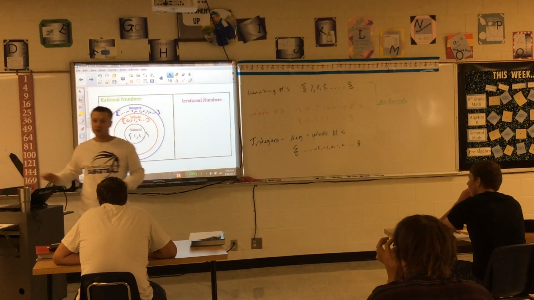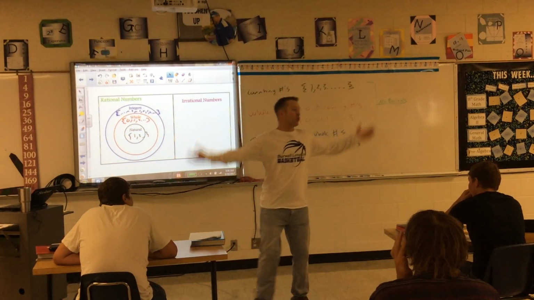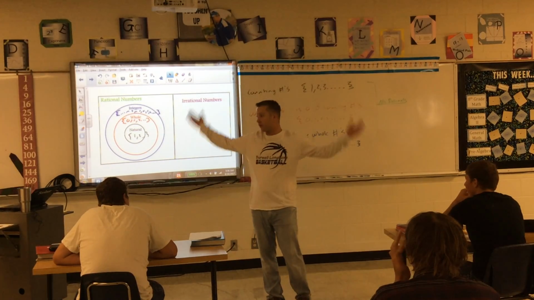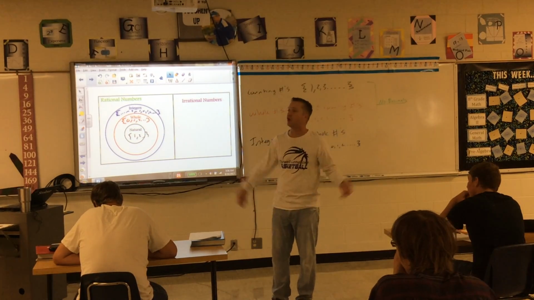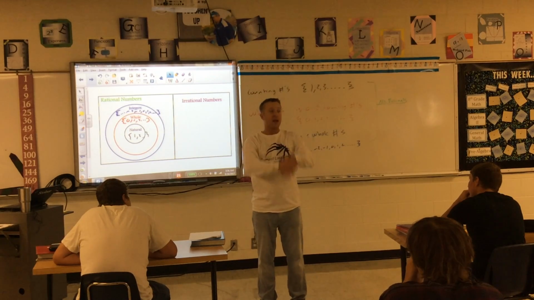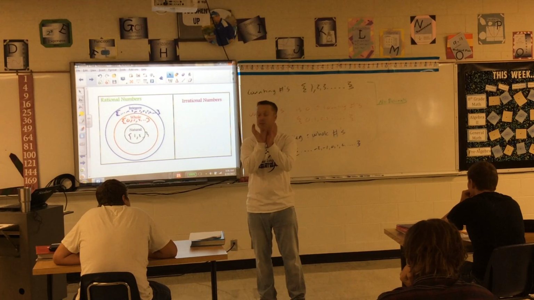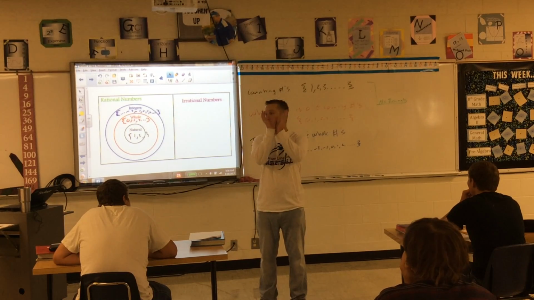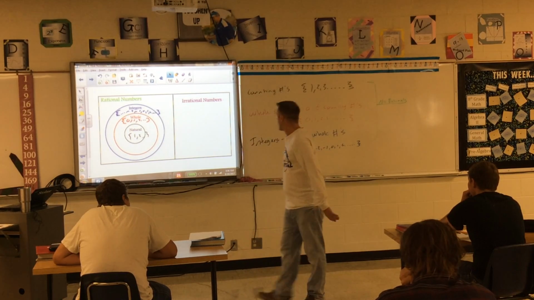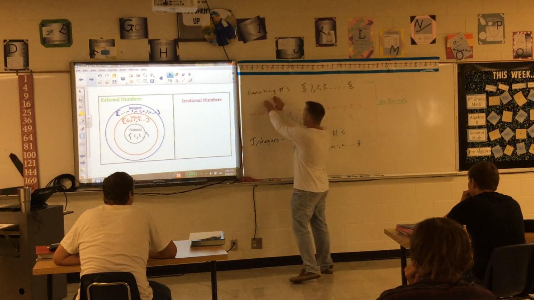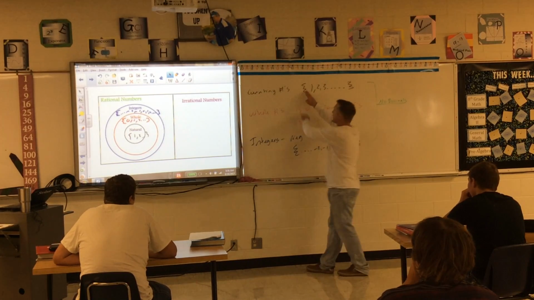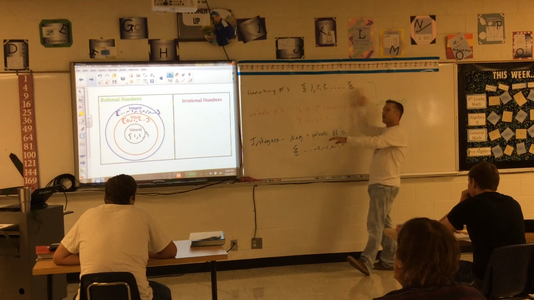Okay, so in our world, we have all real numbers, right? We got all these numbers, 4.5, pi, 2, negative 3, those are all real numbers. Subset is a specific group of numbers, it doesn't even have to be numbers, but a specific group. So when I talk about the subset of counting numbers, we're only talking about 1, 2, 3, 4, infinity.